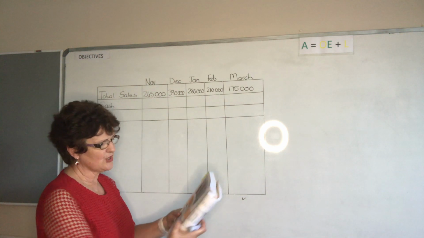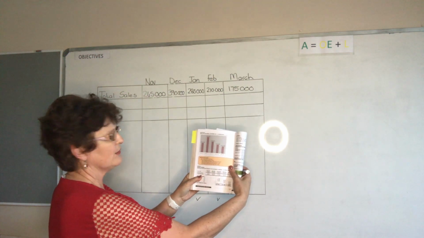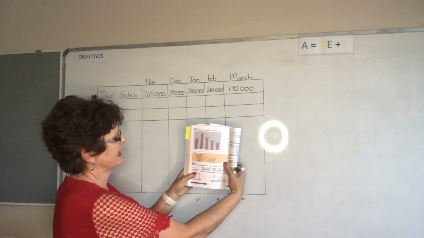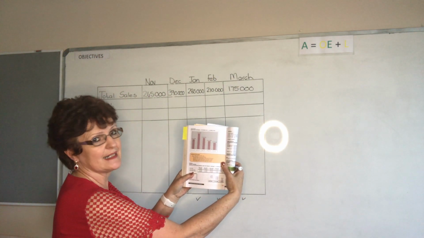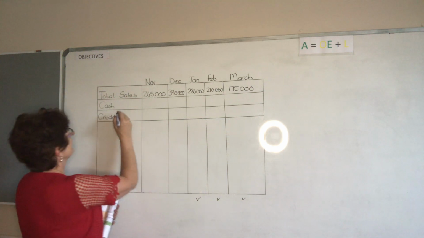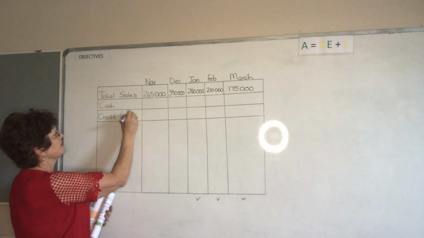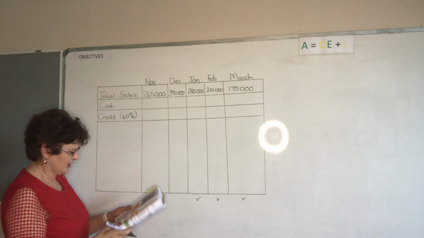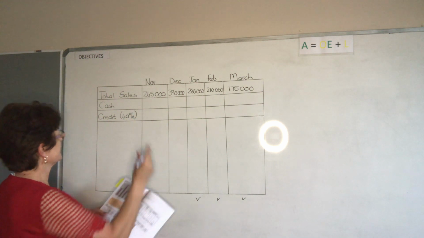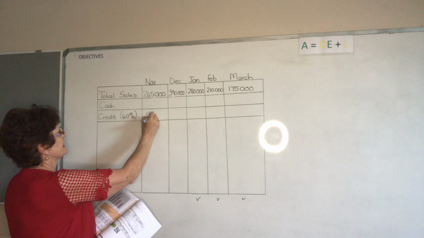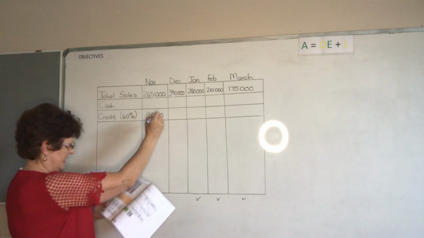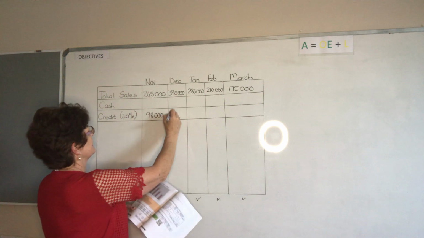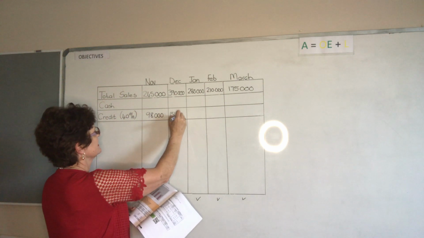The instructions here say 40% of the sales consist of credit sales. So here I'm going to calculate 40% of the total sales. The 40% of the total sales in November is 98,000. And then in December is 156,000.